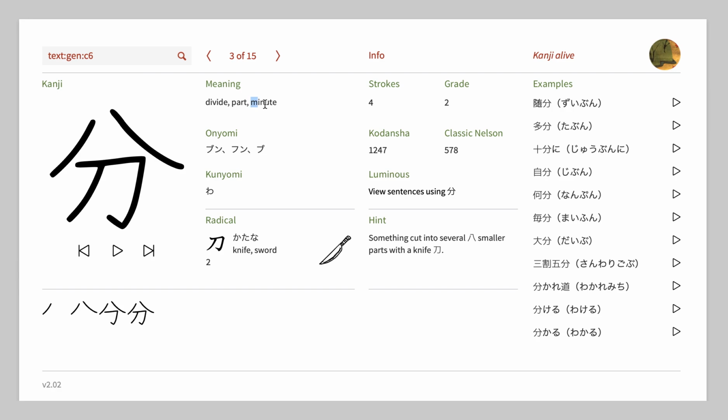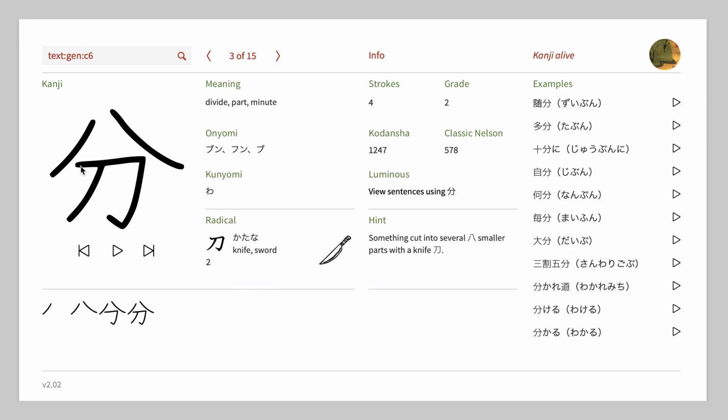And it's also the kanji for minute, like in terms of telling time, which totally makes sense because minutes are just segments of time separated into equal units. The onyomi could be bun or hun or pun or bu. The kunyomi is wa. So when it's the base of a verb, it will be wa.